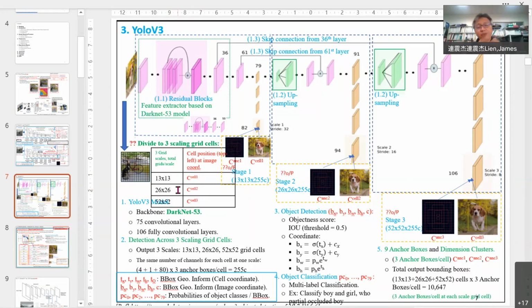So they have 3 scales. For each scale and for each grid, they have 3 ratios. So in total they have 9 anchors, but they have 3 scales. So that's why they improve this one.